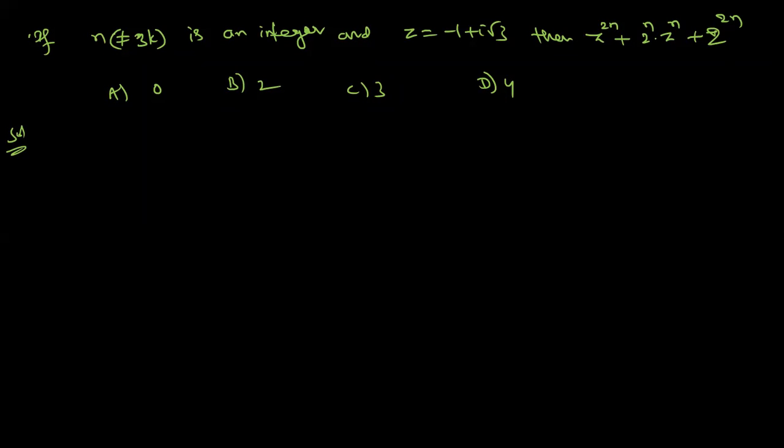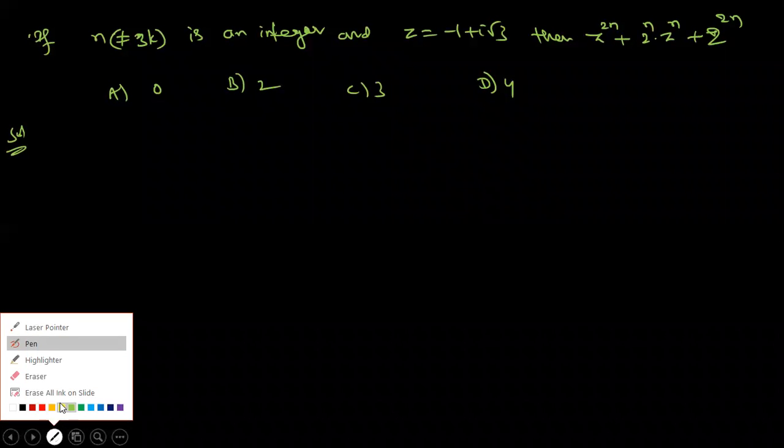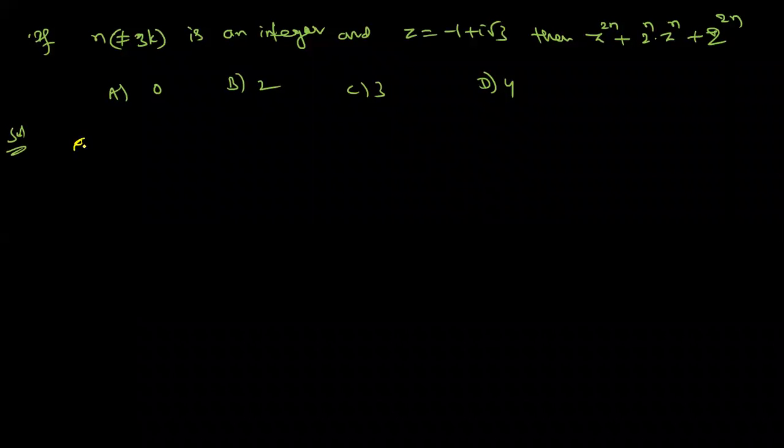Anyone? Dear students, see, I am writing. Given. Yes, that is absolutely correct. 0. Fantastic. z is equal to minus 1 plus i root 3. So multiply and divide with 2.